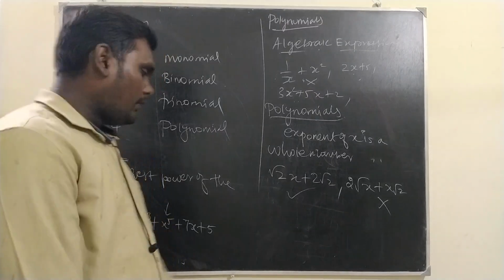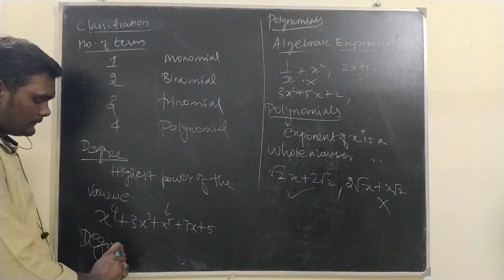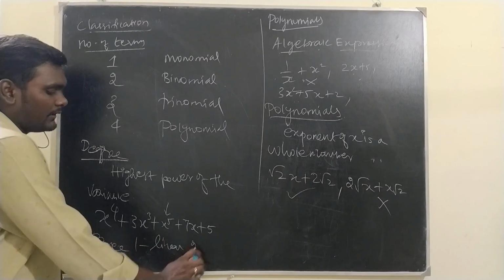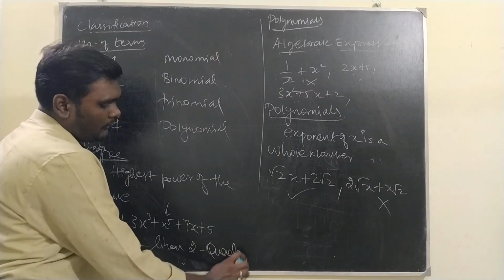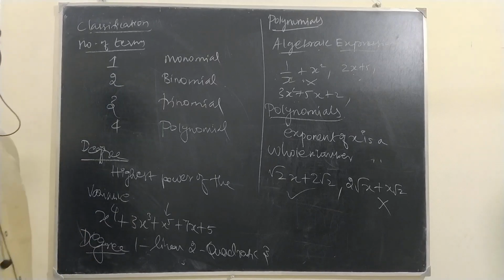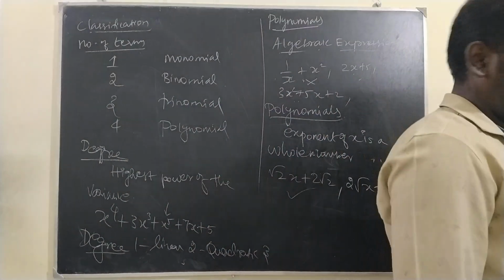Okay. So based on degree, if the degree is 1, how do we call it? Linear. If the degree is 2, quadratic. If the degree is 3, cubic polynomial. Degree 4 means biquadratic.